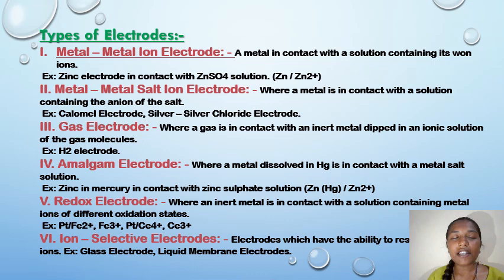Example, platinum in contact with iron ions. Sixth is the ion selective electrode, an electrode which has the ability to select its own ions. Example, the gas electrode and the liquid membrane electrode.